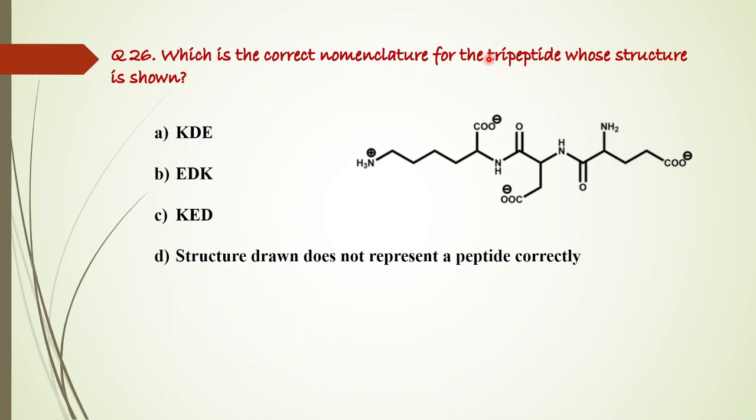Any of you identified it? You can take help of the structure of amino acids as well. If you do not currently remember all the structures, then you can take help from a book or the internet and figure it out. But I really do want at least one or two people to get the correct answer of this question, because this is very basic but very important.